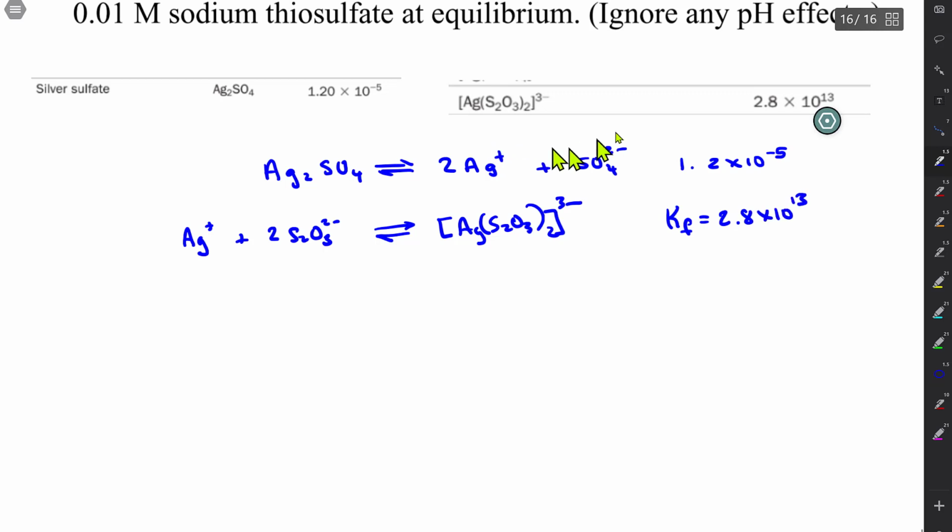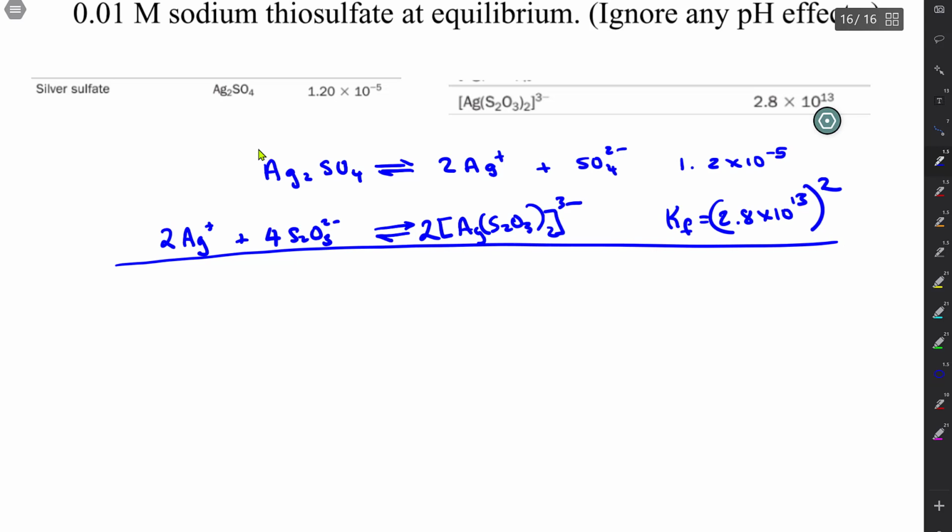The catch in this problem, though, is that in order to get these to combine properly, you need the silvers to cancel out. So you need to double this, which means you need to square that. So then I can write a new reaction from this, making sure to cancel the silver ions.